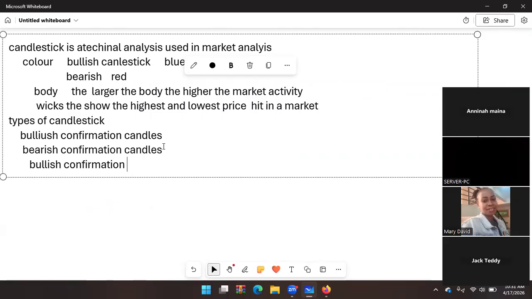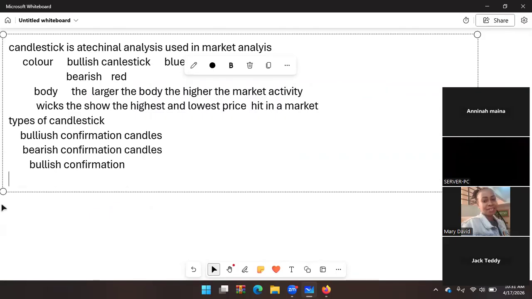On the bullish confirmation, number one, we have a bullish engulfing.